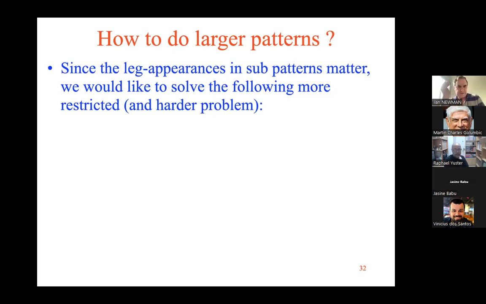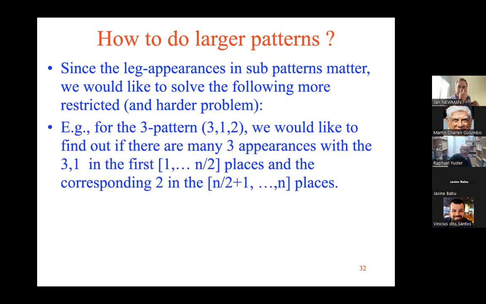But a more serious problem is that I showed you that sometimes the leg appearances in the component matter. And so it turns out that we need to solve a seemingly harder problem. In fact, it is a harder problem because we don't know how to solve it.